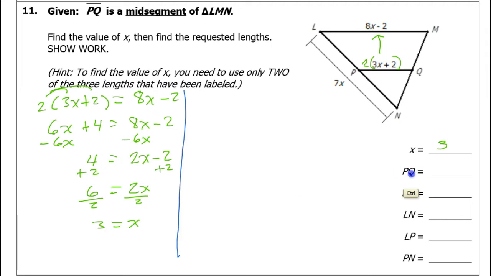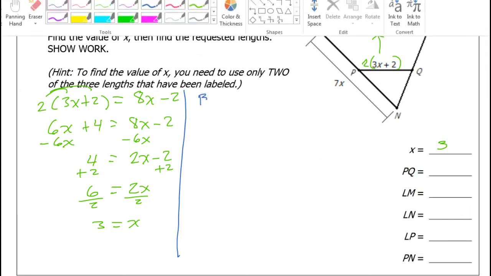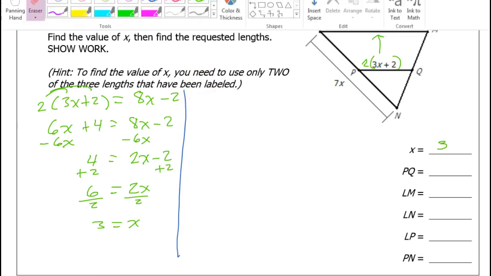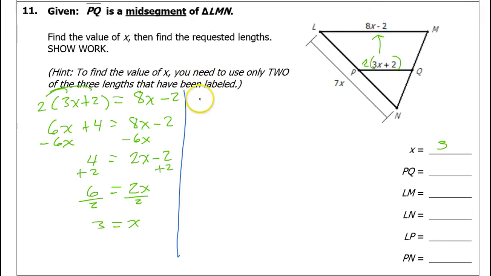Let's see. I want PQ. Well, I know that PQ is equal to the expression 3x plus 2. And now I know that x is 3, so that makes this 3 times 3 plus 2.